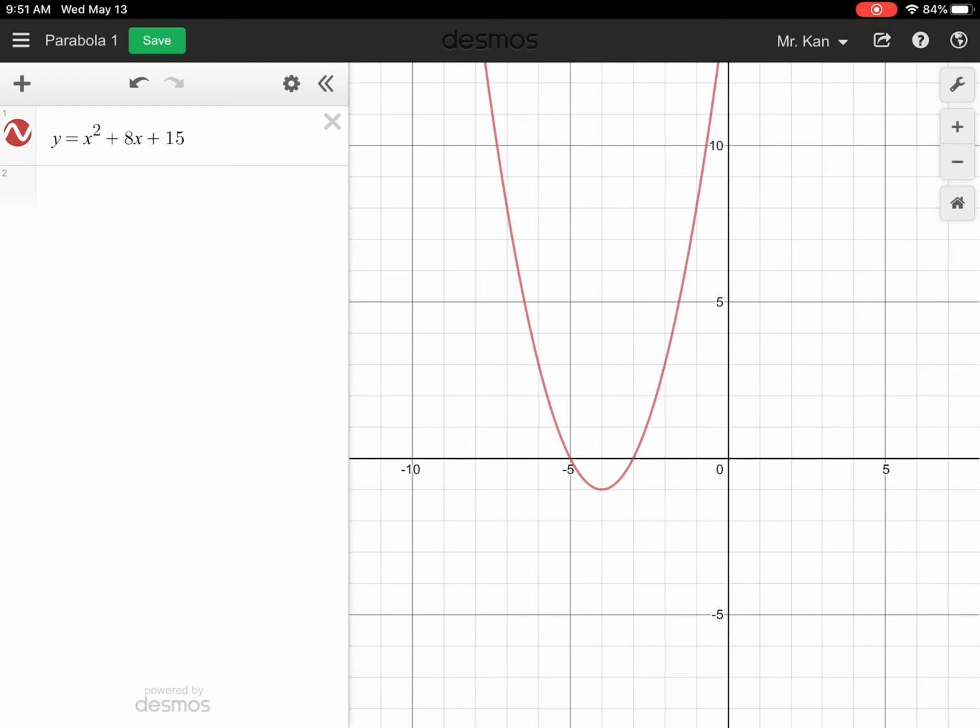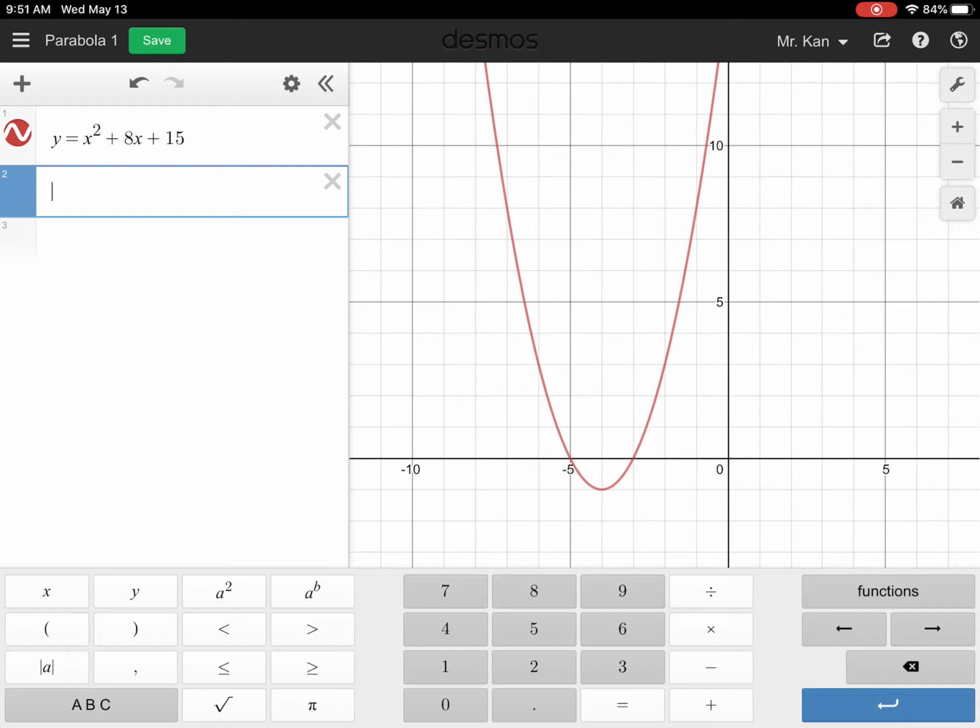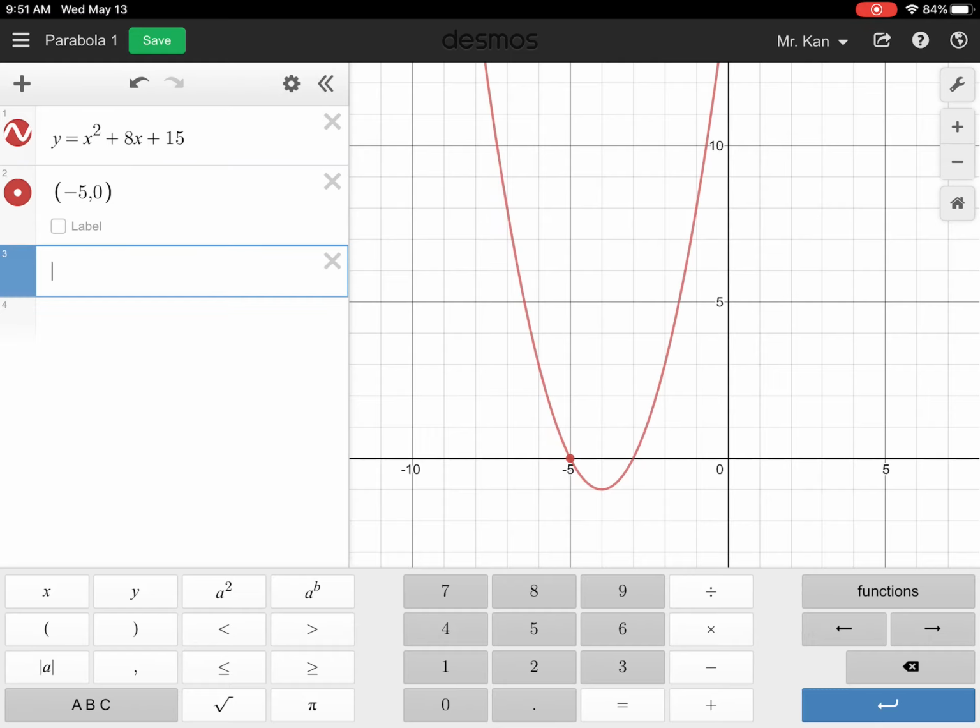Right, points that are crossing the x-axis, let's say, negative 5, 0, right there, and that is going to be also negative 3, 0. Those are called x-intercepts.